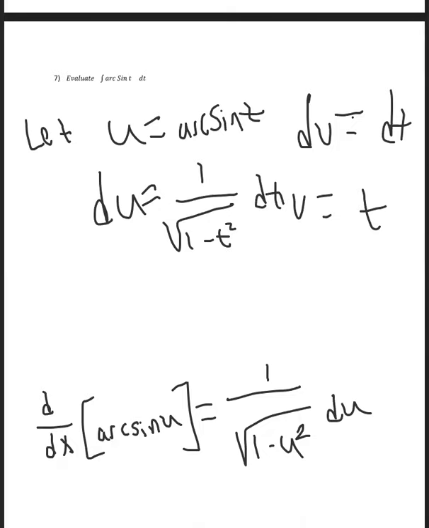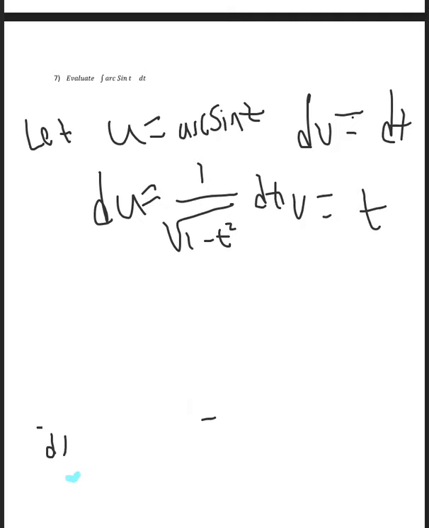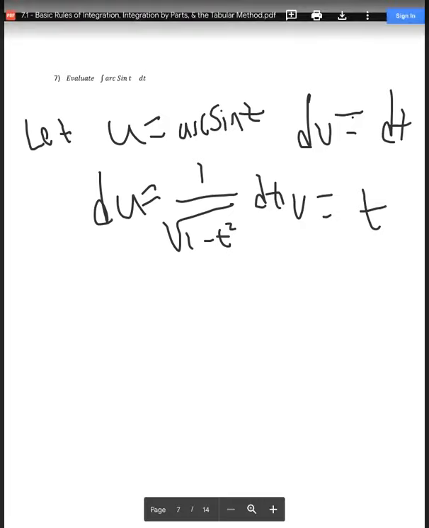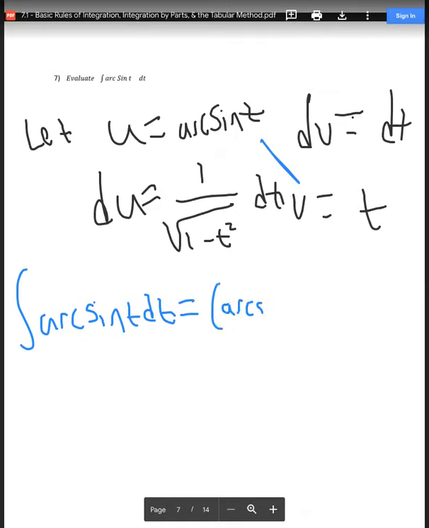So let me erase this and actually start integrating. Using integration by parts, we know that the integral of arcsine of t dt is equal to, remember, u times v, arcsine of t times t, minus the integral of v times du.